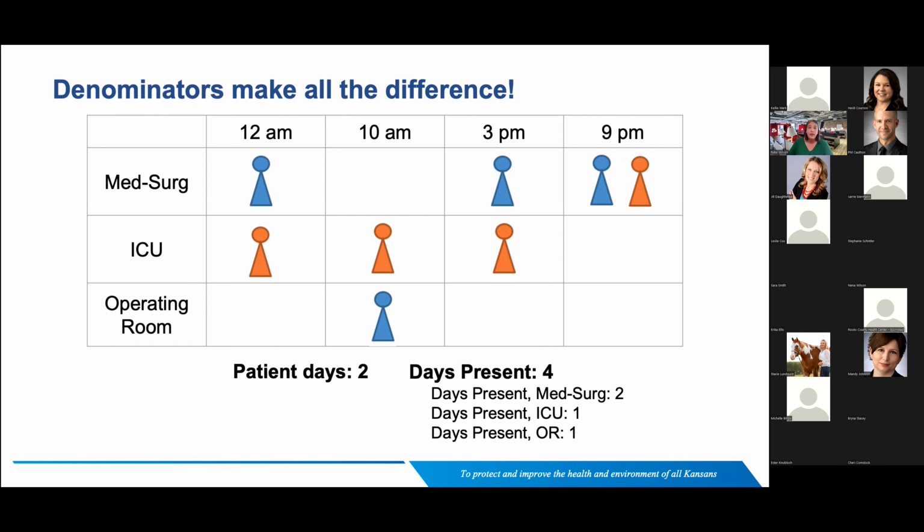If any of you out there are doing this and not utilizing a software company, please let me know, because I would be extremely interested in your methods and hopefully would be able to share some of that information with our colleagues. Ultimately, days present is typically larger than patient days, but much more challenging to calculate and accurately attribute antibiotic administrations to those patients. Next slide, please.